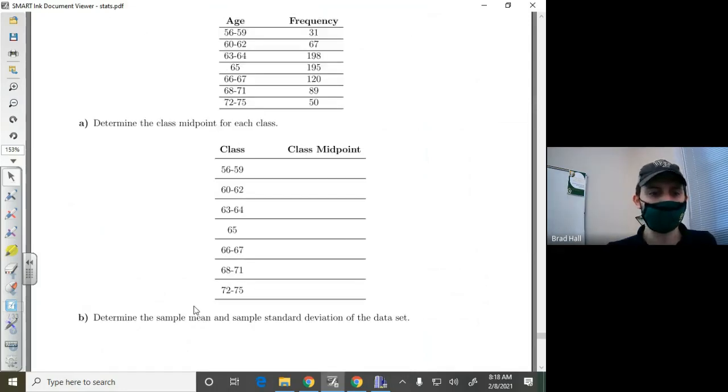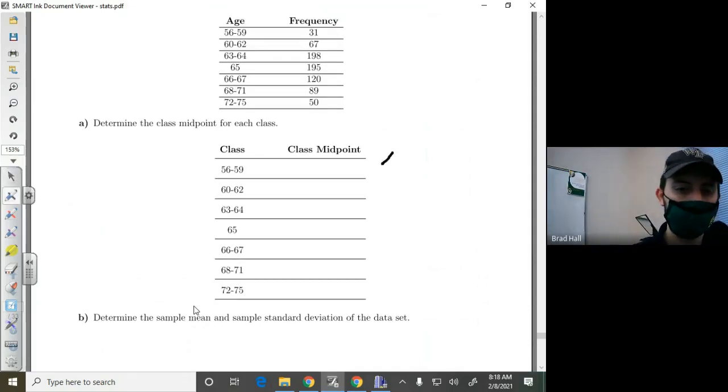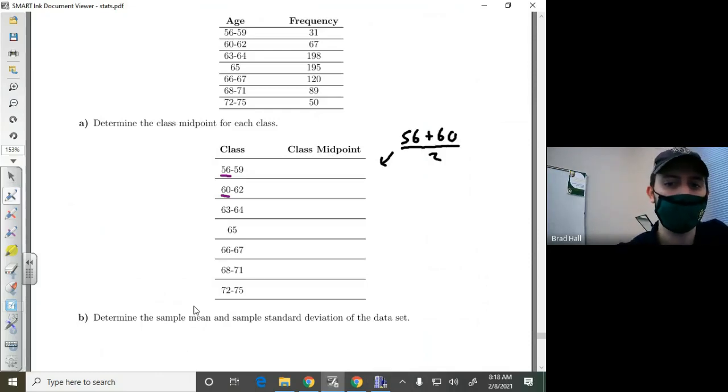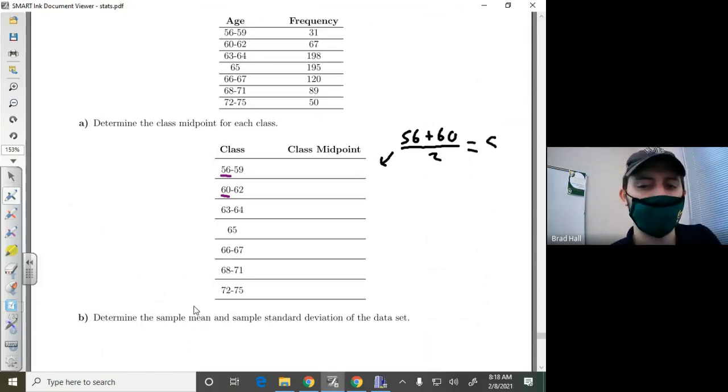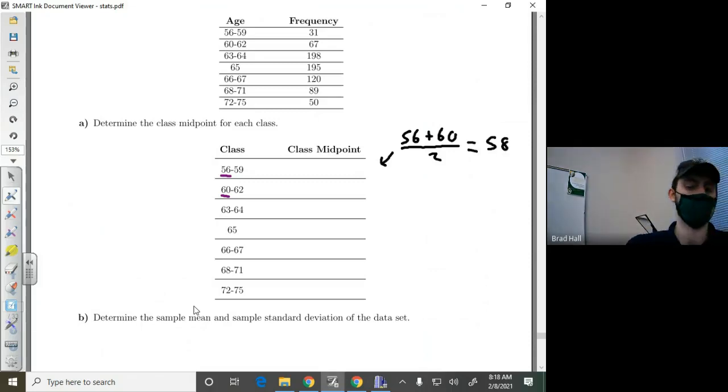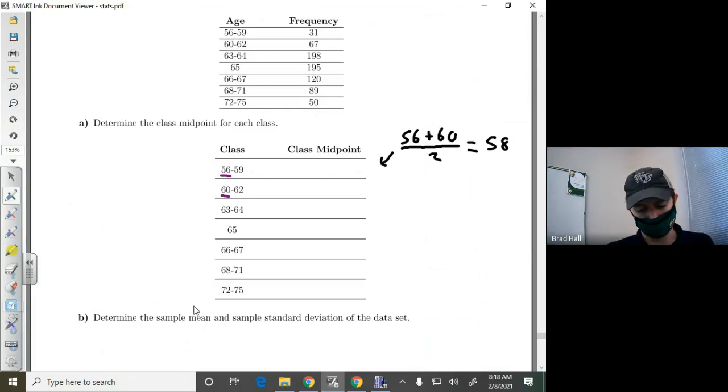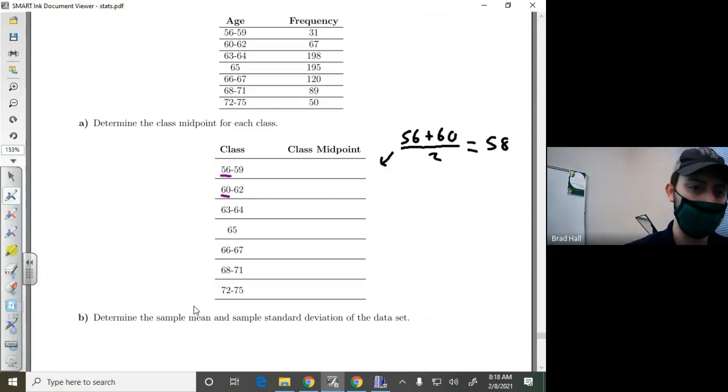So the class midpoint, it's the average between consecutive lower limits. So the first one, the consecutive lower limits are 56 and 60. Guessing this is 58. 56 plus 60 divided by 2 is 58.